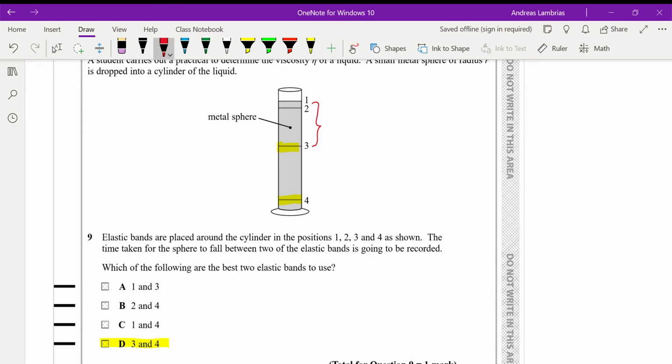And why would it be accelerating? Because if we look at the forces that are acting on the sphere, we have the weight, we have the upthrust, and we have the drag force.